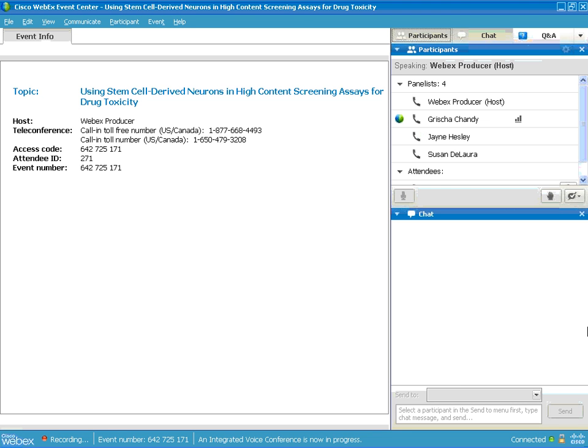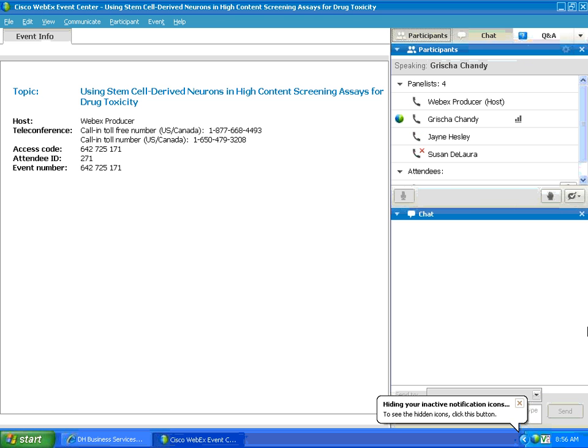So 96 and 384 well plates are readily available. The cells coat very easily down on the plate. And yes, certain types of coating can give you, I know some people have seen, when you do higher magnification, some waviness in the images, but we have no problem still analyzing those.